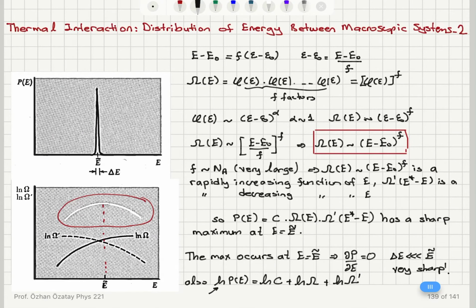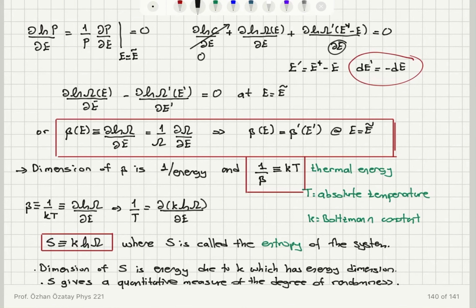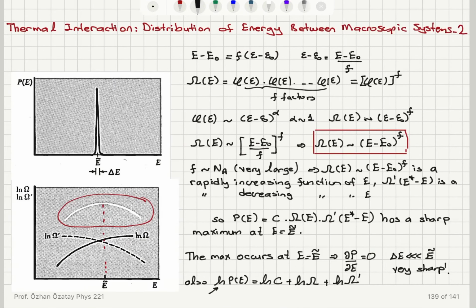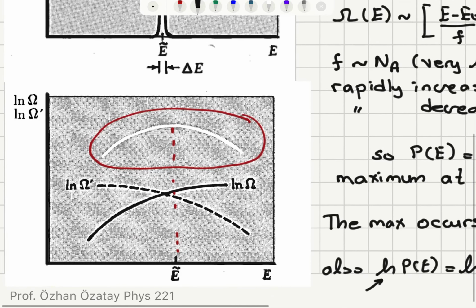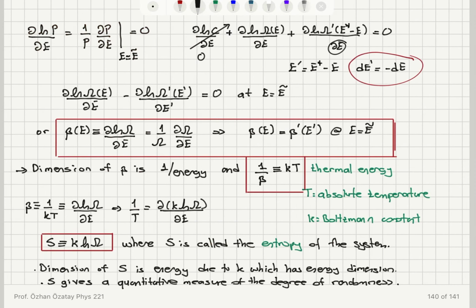So for a smooth slow variation with energy E, we have decided to work with the natural logarithm instead of the function itself. Alright, and at the maximum point, for maximum probability, we need dP/dE equals 0, or del ln P del E equals 0. So you can see it's the same maximum point here we see for the sharp peak and for the natural logarithm ln omega plus ln omega prime. It has the same peak at this location.